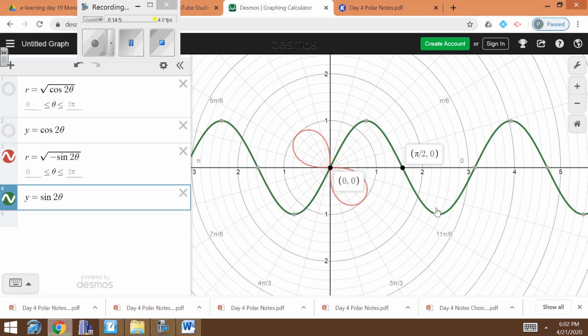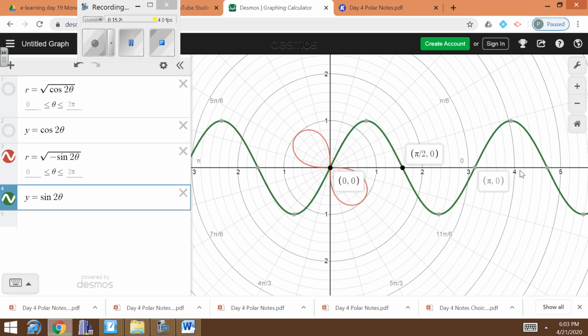Now right here from pi over 2 to pi, it goes further away from the pole and comes back to the pole. We have that part of the graph because along this bottom part of the curve from pi over 2 to pi, that sine would be negative, and a negative times a negative would be a positive, and that's when we can have that r squared value.